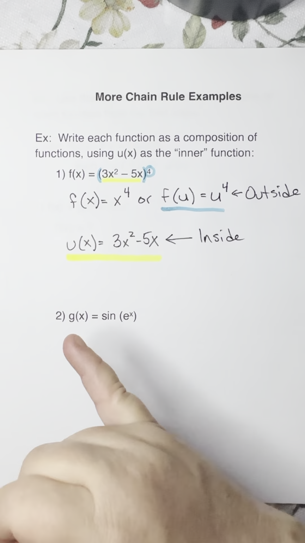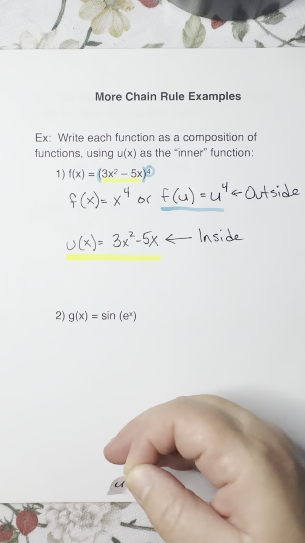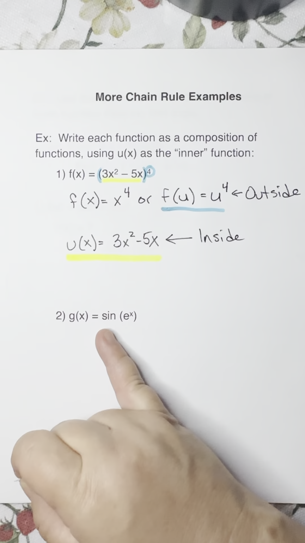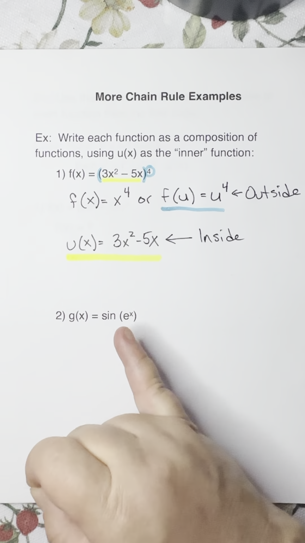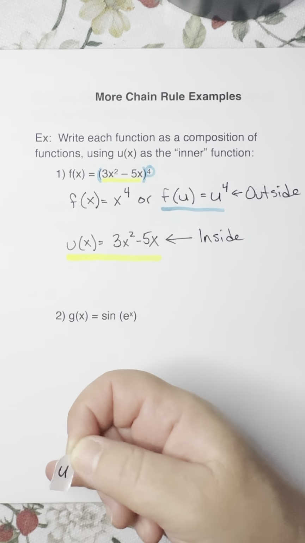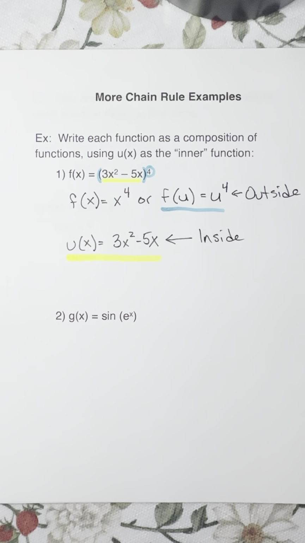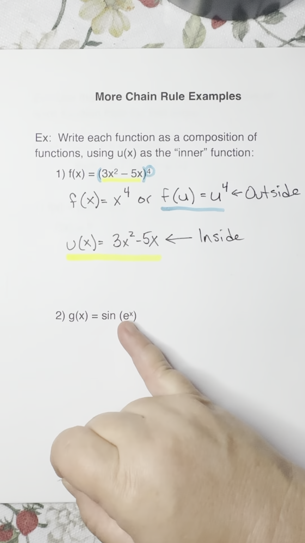Okay, so we've got another function, and we've got to figure out who's on the outside and who's on the inside. And this is sine of e to the x. Now here, the "of" pretty much tells you the sine is on the outside, and "of e to the x" means e to the x is on the inside.